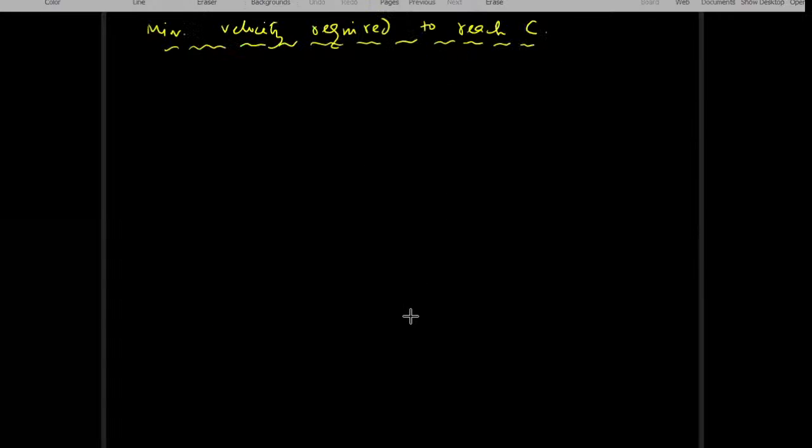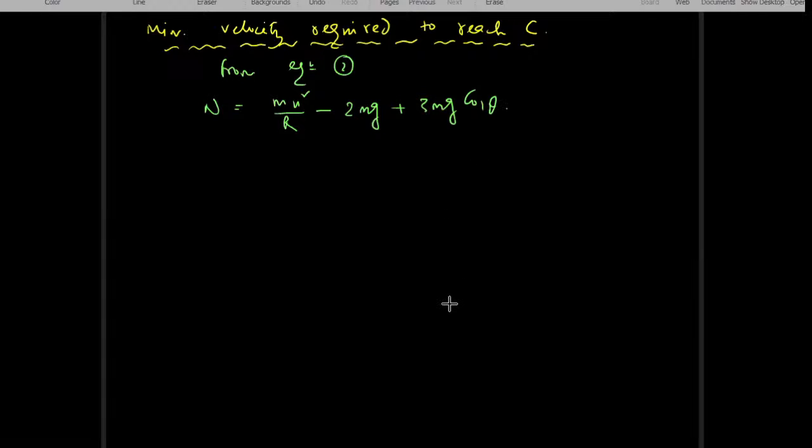Okay. So now we will be using equation 2. Now from equation 2, remember equation 2. What was equation 2? N was equal to mu square by r minus 2 mg plus 3 mg cos theta. Right? That was the thing only, no?